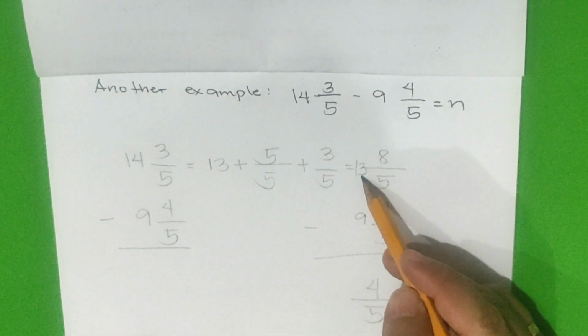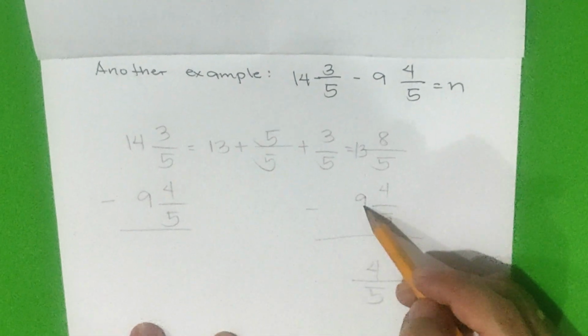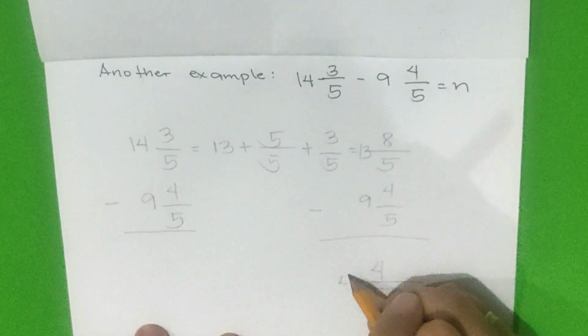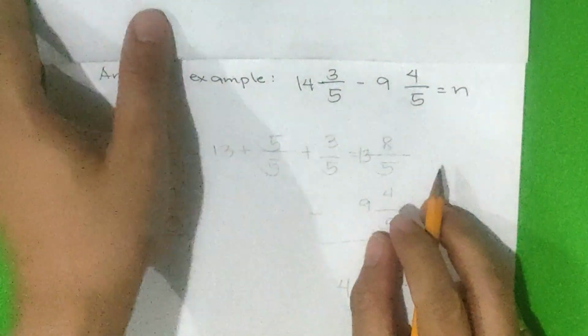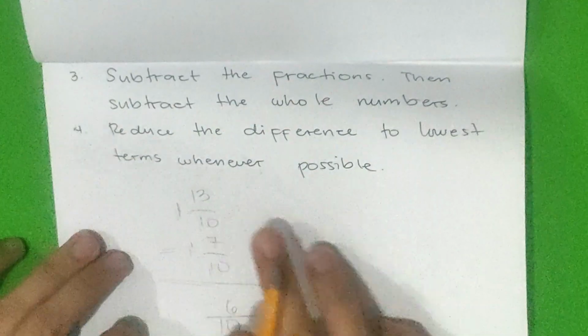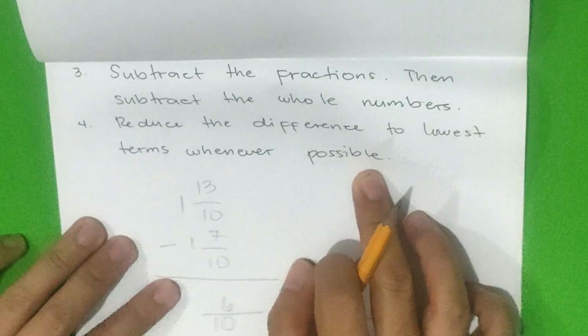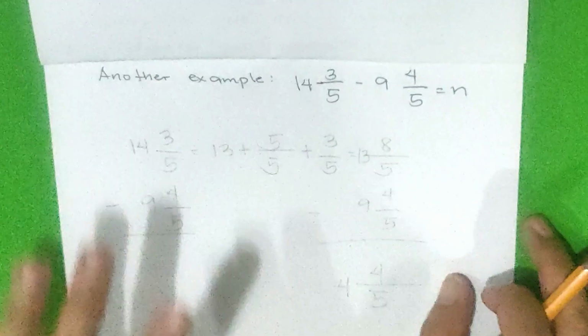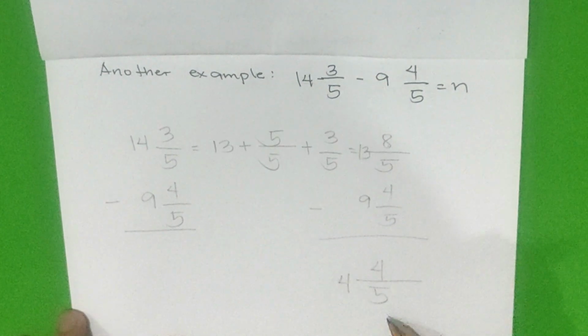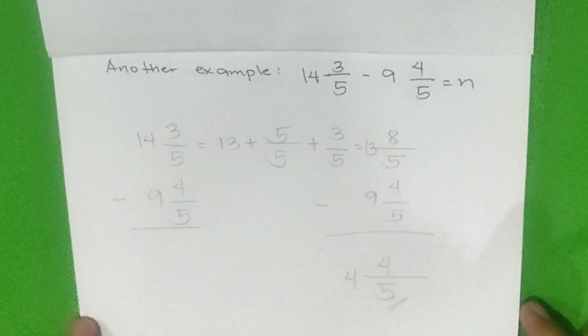Let's subtract 13 and 9. 13 minus 9 is equal to 4. The last step is to reduce the difference to lowest terms whenever possible. Since our difference is at its lowest term, no need to do that. And this will be our final answer.